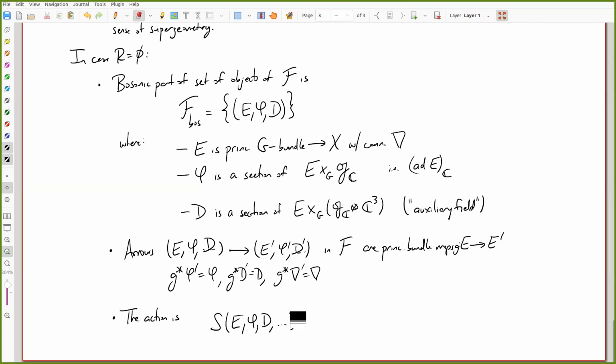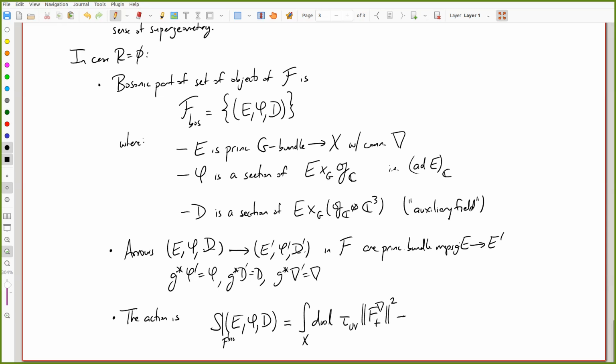But let's restrict to the bosonic part, so I set the fermionic fields to 0. Then I just have to literally write an action which is a function of E, phi, and D, up to factors of 2 and pi and so on, which aren't super important, and I didn't try to work out.